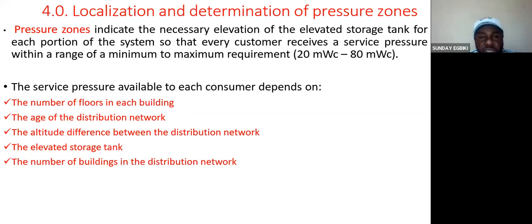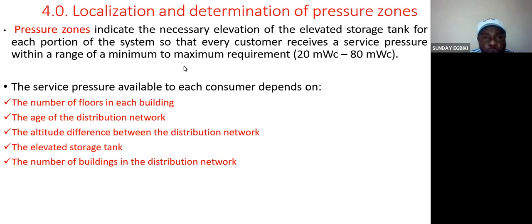The response was, this is how we have been doing it. Oh, is that really correct? Something should move you, something tells you whether you are going to use two overhead tanks or one overhead tank. You don't just come in and begin to construct only one tank. That is the point we want to discuss here, which is the localization and determination of pressure zoning.